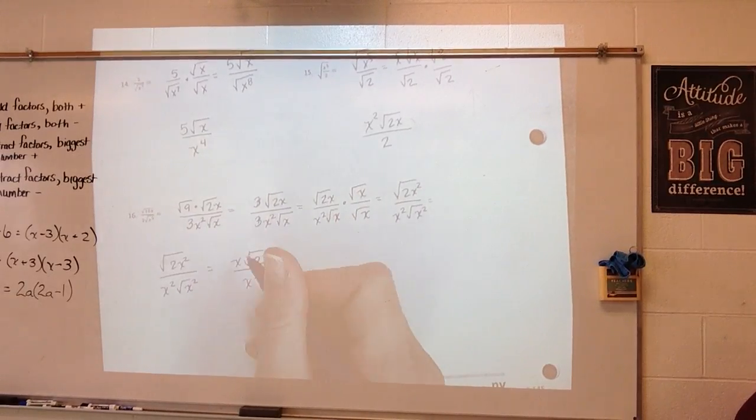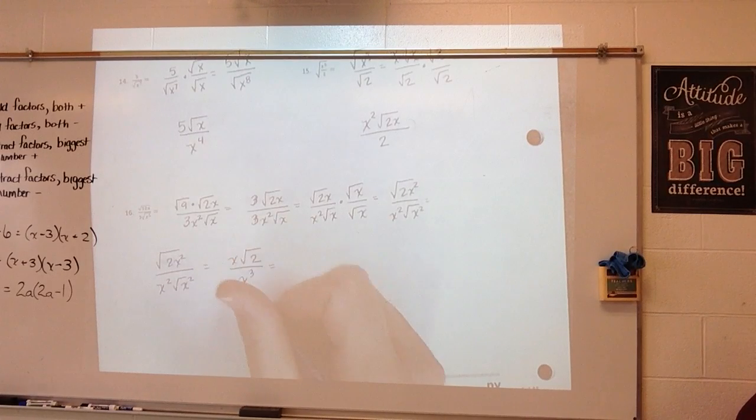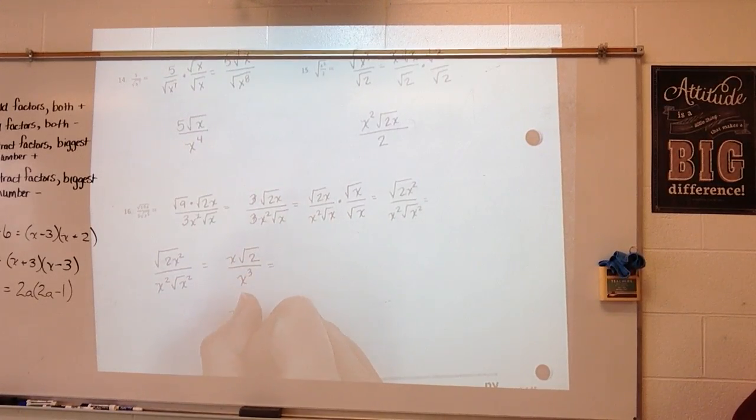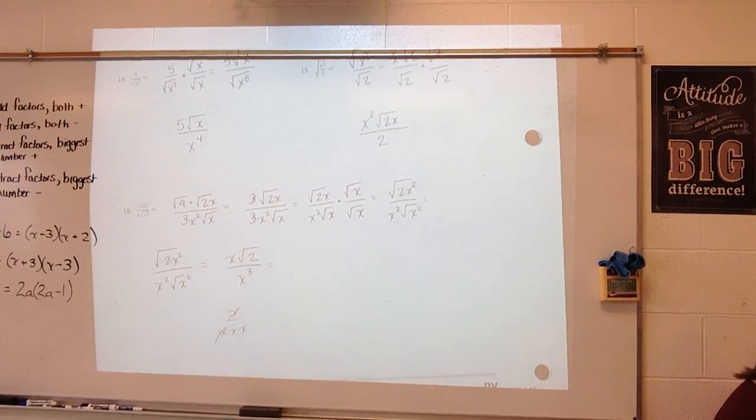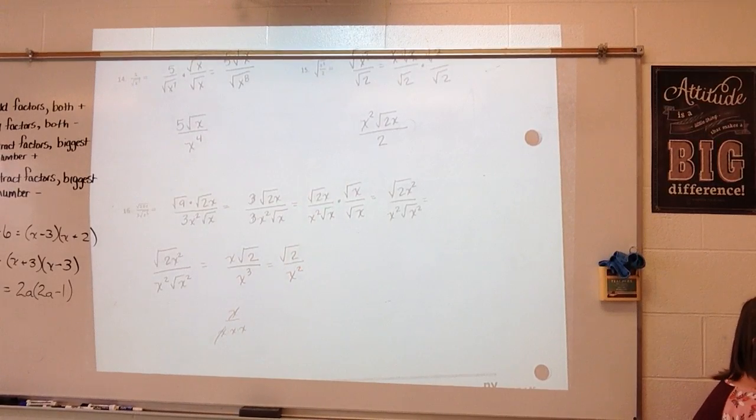And now I can reduce my x's. If I have x over x times x times x, x divided by x is 1. I actually have 2 x's on the bottom. So I have square root of 2 over x squared. All right? So that one took just a little bit of time.